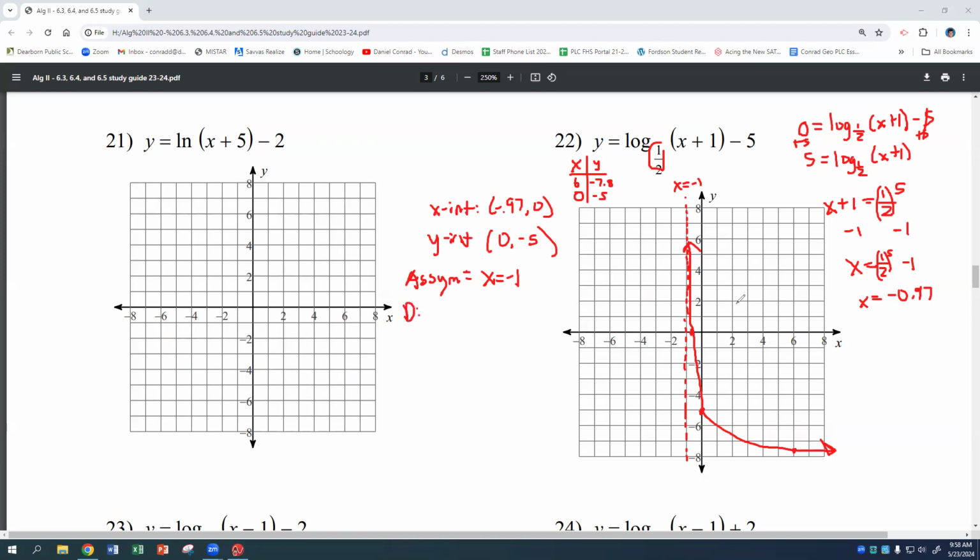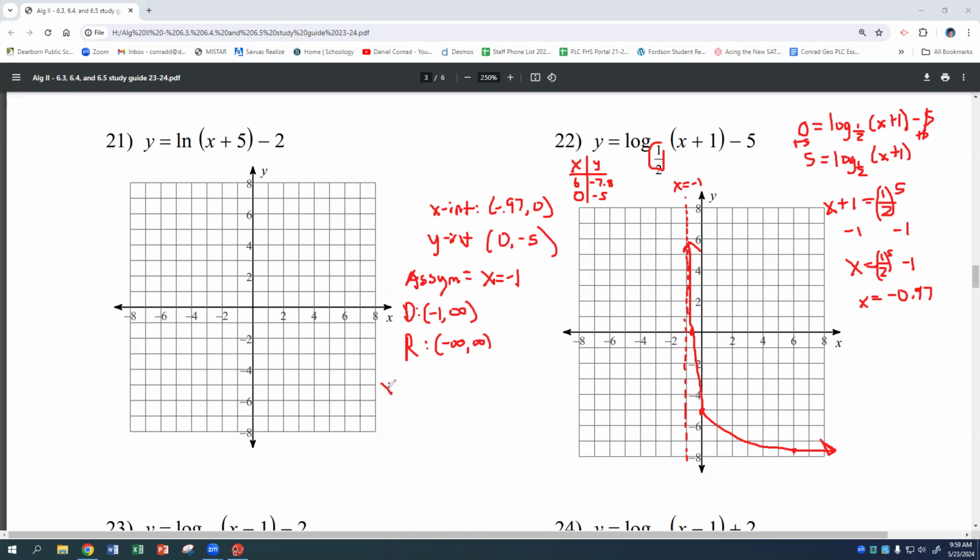Domain: the farthest left we can go is towards negative 1. We can't quite get past it, to infinity. Range: we can go all the way down, we can go all the way up, so it's negative infinity to positive infinity. We can't actually reach infinities, that's why we have parentheses.